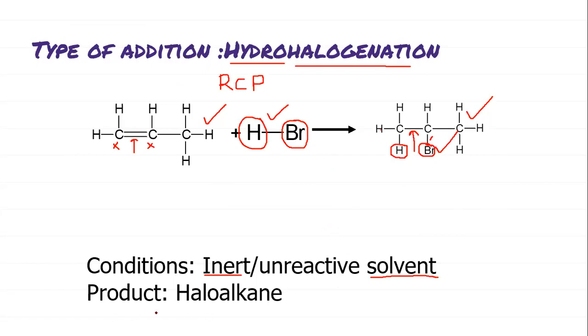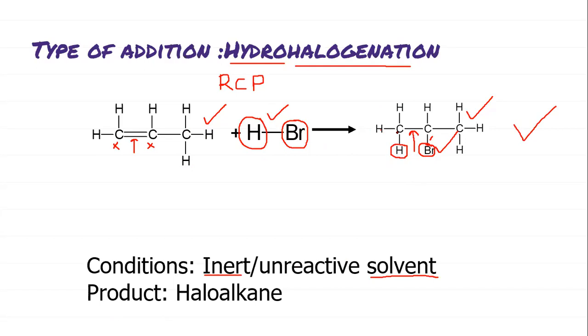And you can also see that the product of this reaction belongs to the homologous series haloalkanes. And the last mark, my dear learners, will be for balancing, because you would have ensured that the number of carbons on the left is exactly equal to the number of carbons on the right hand side.